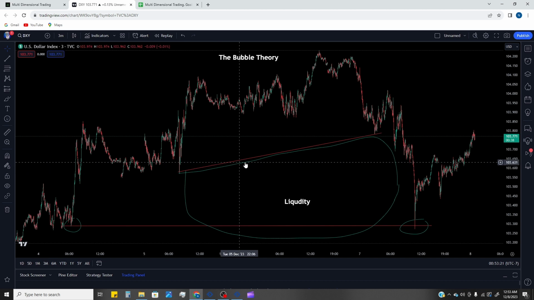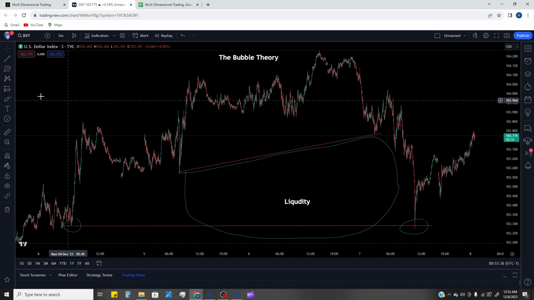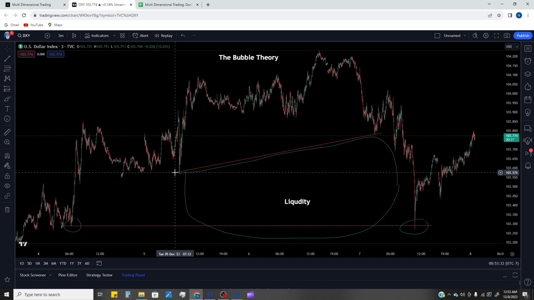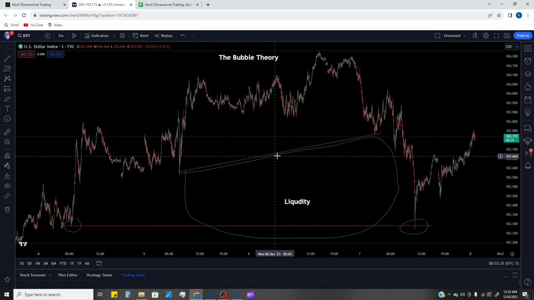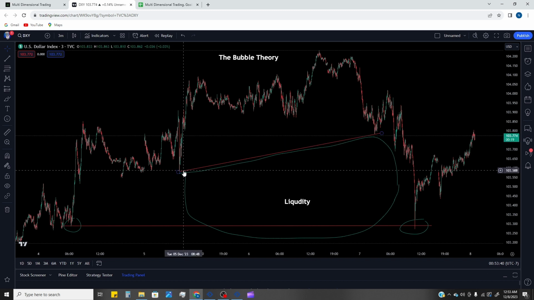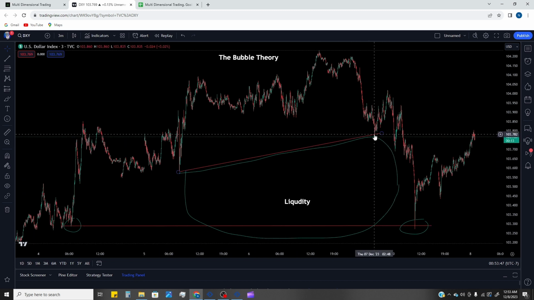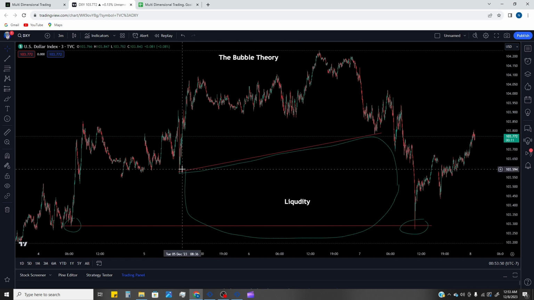As you can see, there's a long trend line from this low to this low. And then all we're doing is taking our brush and drawing a bubble along this line, because the bubble will not be any bigger than the trend line is from this low to this low. The length of the bubble will not be any bigger than the trend line is.